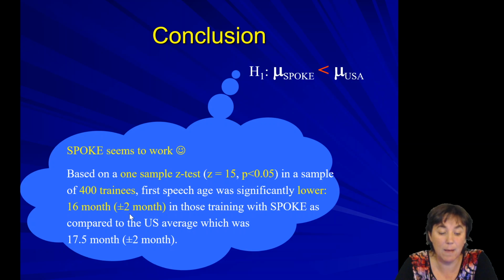This comes from the sample. And where was this? In those trained with the program. That's our good idea as compared to the US average. You don't necessarily have to state what that was, but I've put it here just to be complete. So that's a good conclusion, and we will practice concluding these results based on just given details or actual statistical outcomes. So we will practice this along the way.